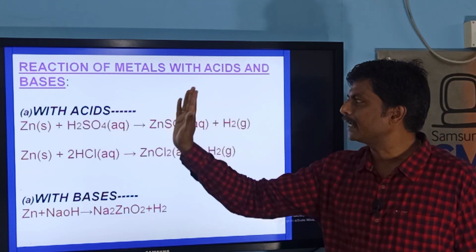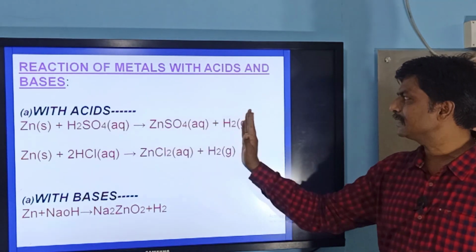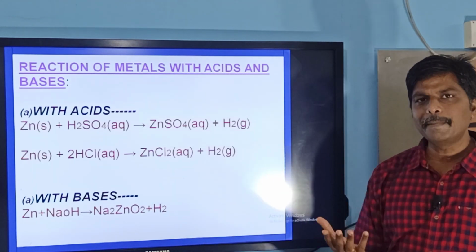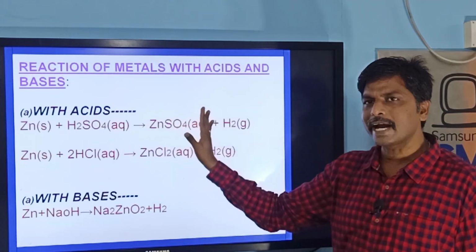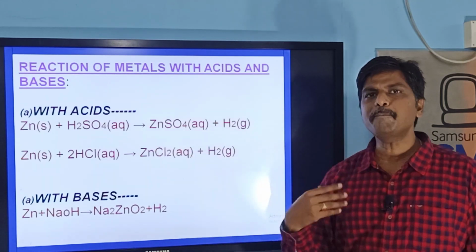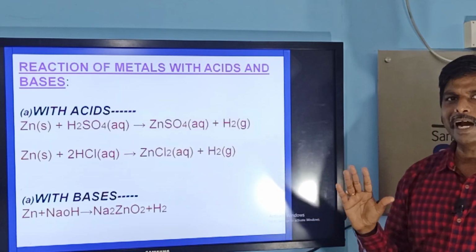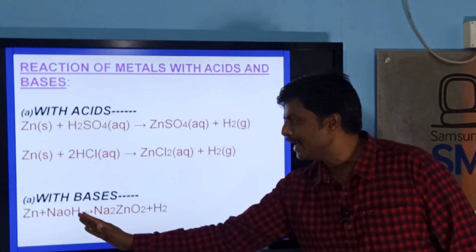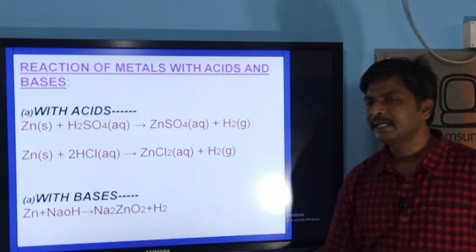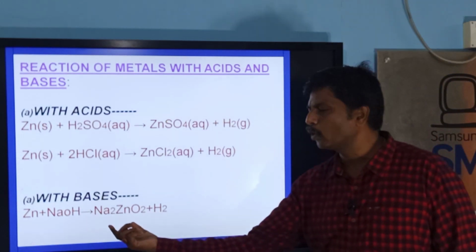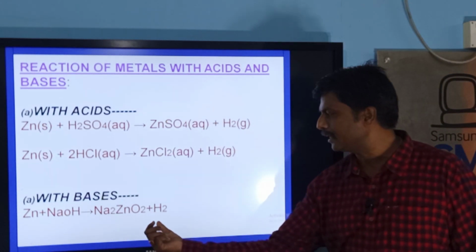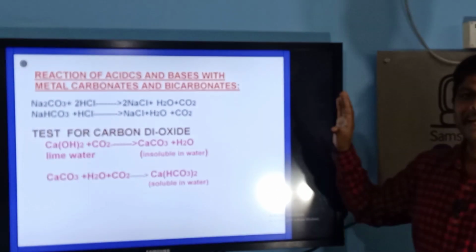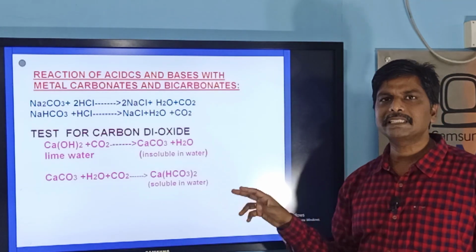Metal with a base: not all metals. In this case, only amphoteric metals like zinc and aluminum react with NaOH, giving Na2ZnO2, called sodium zincate, and H2. It is the first property, reaction of acids and bases with metals.